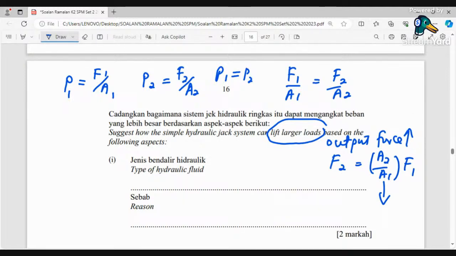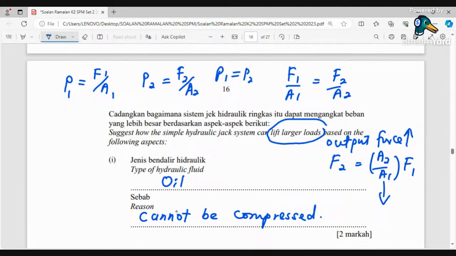Okay, so type of hydraulic fluid that we use is oil normally, oil. Okay, not easily produce bubble. Okay, ada banyak reason. Satu yang very important ialah it is incompressible liquid, means cannot be compressed. Kalau dia boleh compress, some of the pressure will be lost along the way, so we cannot get P1 equals to P2.